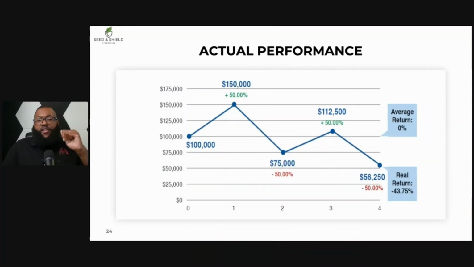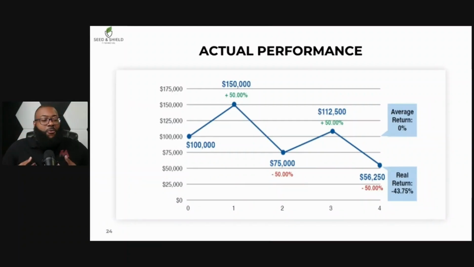Then we had another 50% drop. So now 50% off of 112.5, and that drops you to 56,250. So again, most people would have thought that up 50, down 50, up 50, down 50 is 0%, flat. And most of those people, again, not most, all of those people would be 100% wrong.